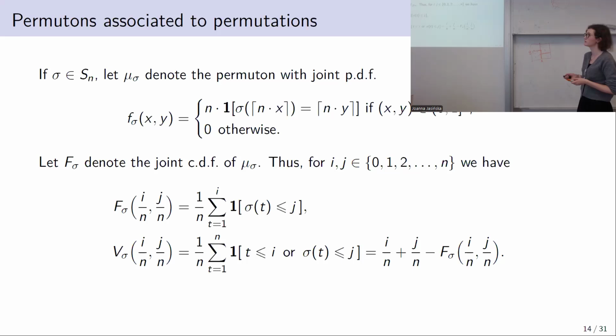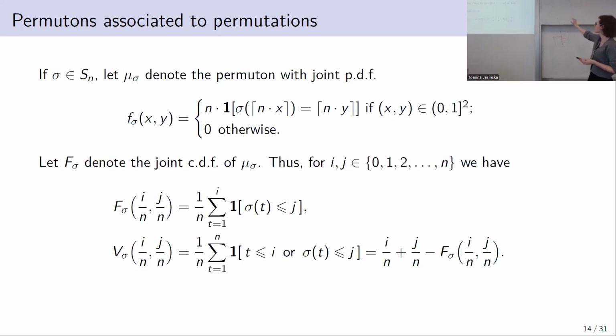As I mentioned before, we can think of a permutation as little squares in a bigger unit square, and the joint PDF of a permuton associated with this permutation will be just putting the mass n on every such unit square, and then we are not continuous anymore.